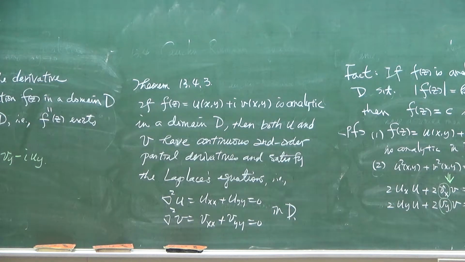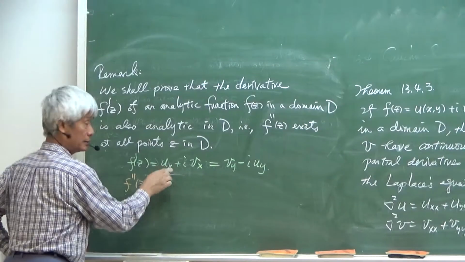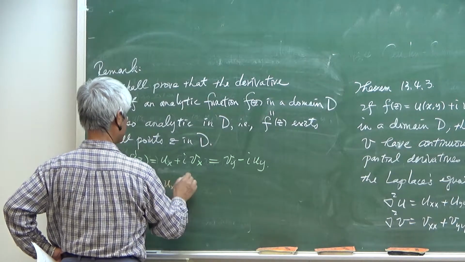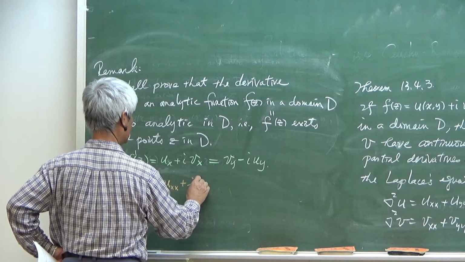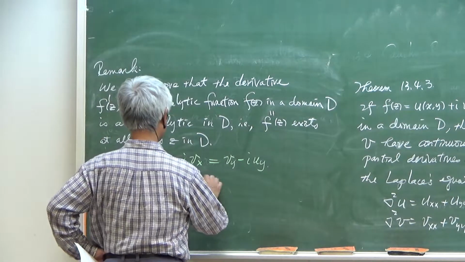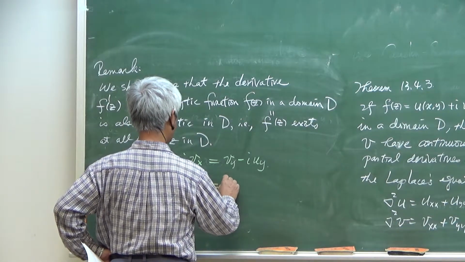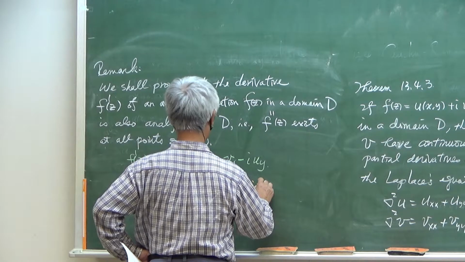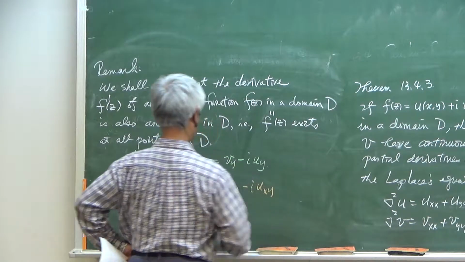And because this complex function, as we will show, is also analytic, if I write using the first pair, we will have u_xx plus i v_xx, which again is equal to v_xy minus i u_xy.